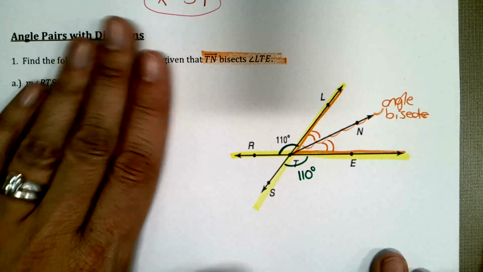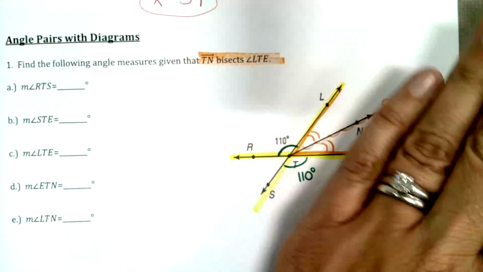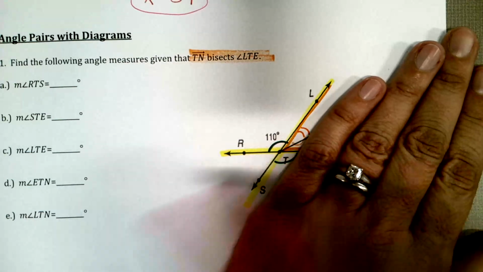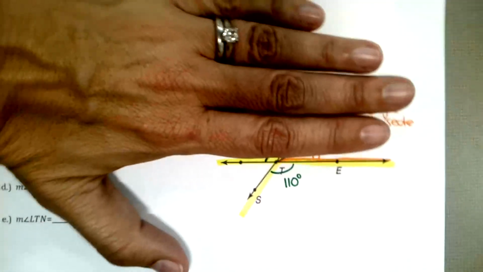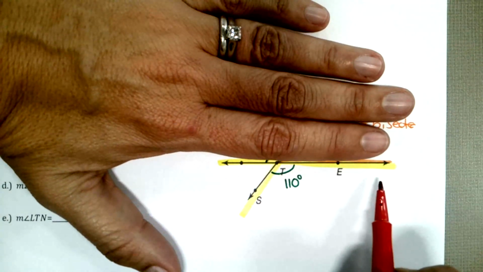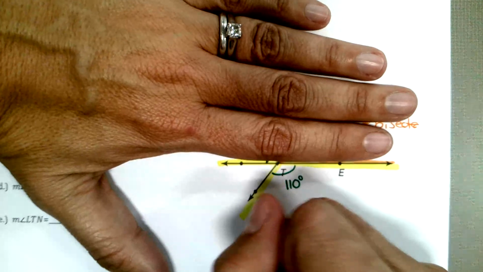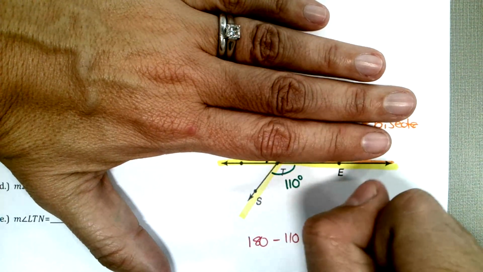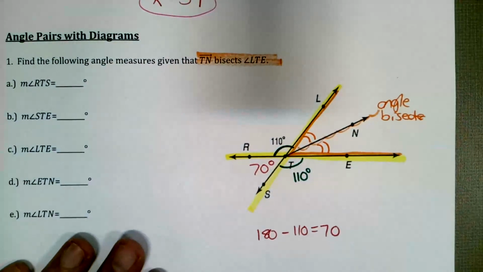Then I see some linear pairs. So either you see this linear pair or this linear pair. And it doesn't matter, but that will allow us to find this missing angle. So I'm going to look at this one. So we have a straight line. They have to add to 180. So if I take 180 and subtract out the 110, then that angle has to be 70 degrees.